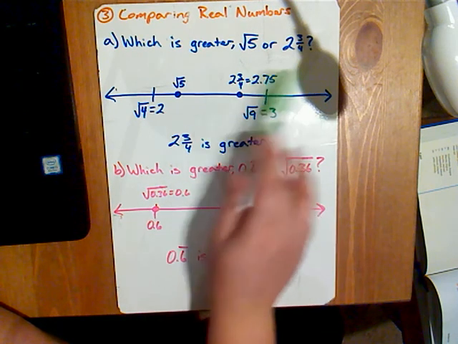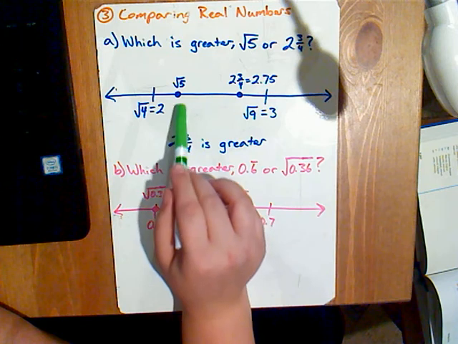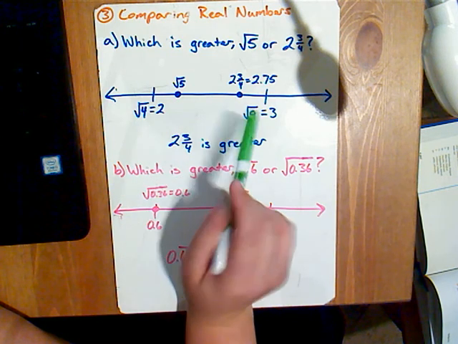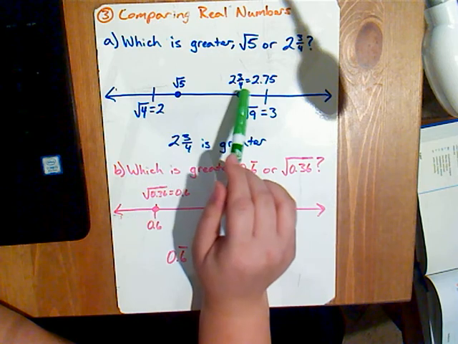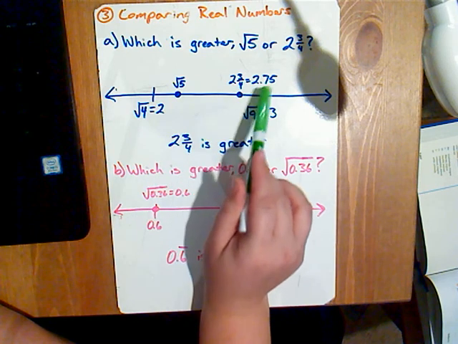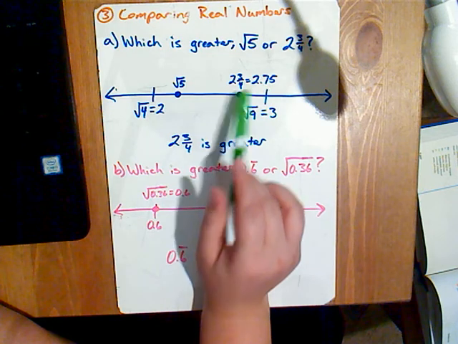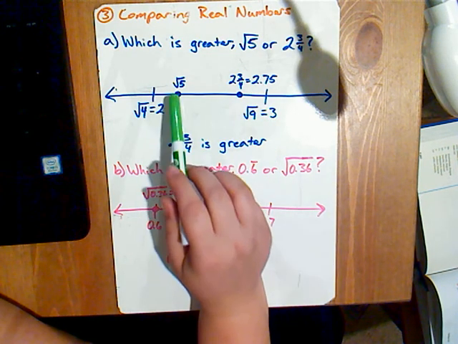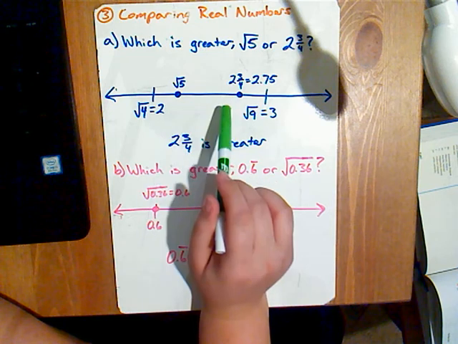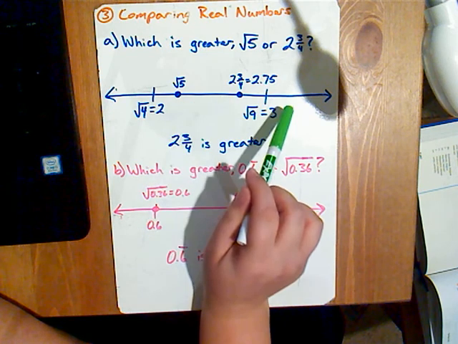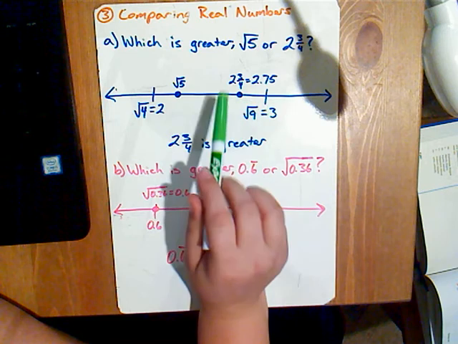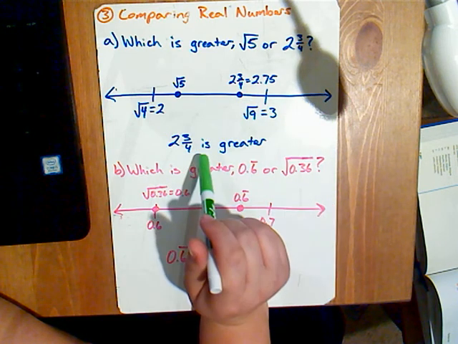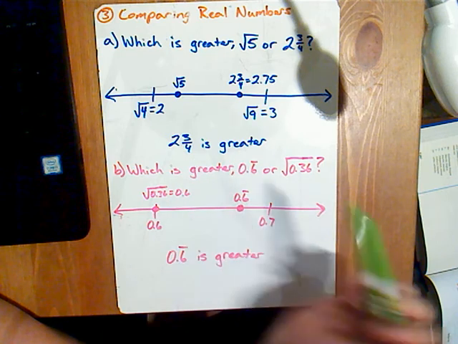So graphing these two numbers, the square root of 5 is going to be closer to the square root of 4 than the square root of 9. And then looking at 2 3/4, if you wrote that as a decimal, it would be 2.75, and that's going to be closer to 3 than to 2. So when we look at both of these and we want to figure out which one is greater, the one that is further on the right is the bigger number. So 2 3/4 is greater.